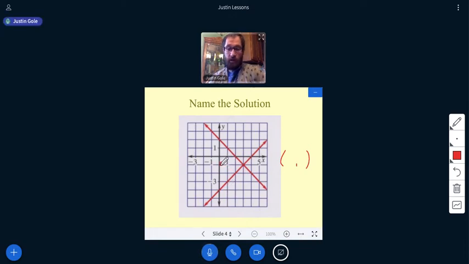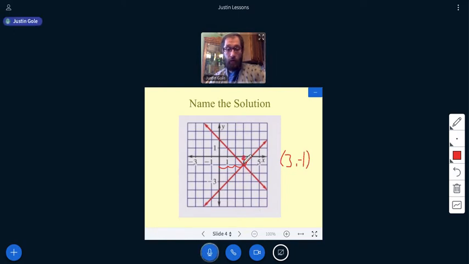So again, let's find our x value first here. We go 1, 2, 3 over, so our x value is 3, and we are 1 from the x-axis, sorry. So -1.